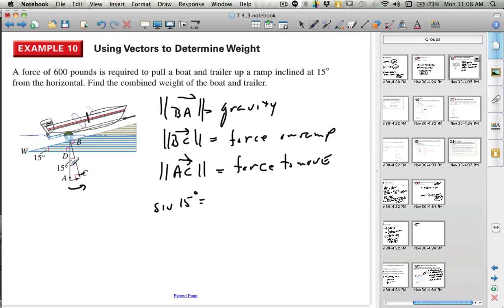We want to find the magnitude of BA. So we're going to have the magnitude of AC divided by the magnitude of BA. Well, we know what the magnitude of AC is. The force that's necessary is 600 pounds. So that's going to be 600 pounds divided by the magnitude of BA.